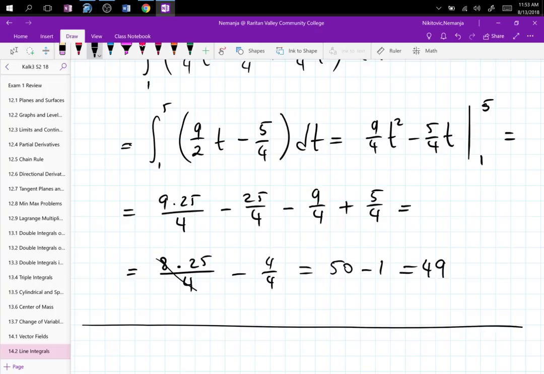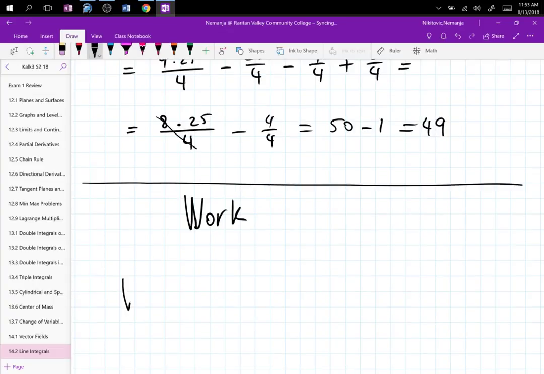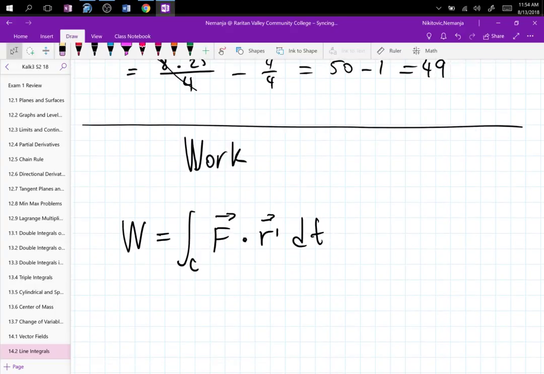And the work is the collective effort, the sum of all forces over the distance that has been pushed. So work is going to be given as the integral over curve C, the vector field times r prime. Again, remember the parametrization. We are not learning new mathematics here. This is just application for work.